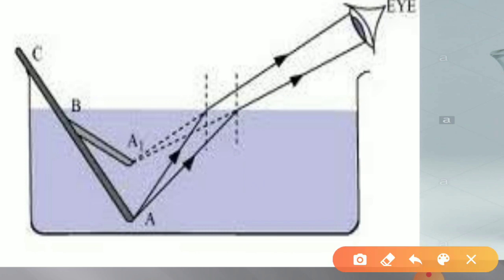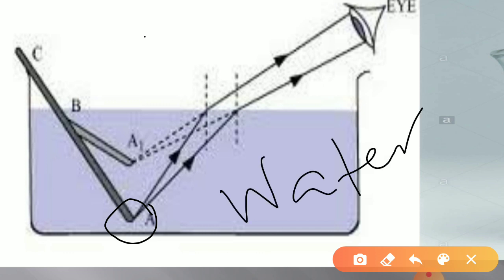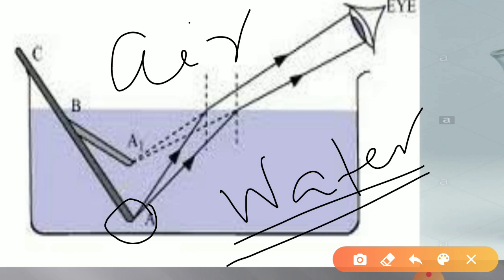Now here in the diagram you can see that the rays of light coming out from the tip of the pencil pass from water to air. Water is an optically denser medium and air is an optically rarer medium.